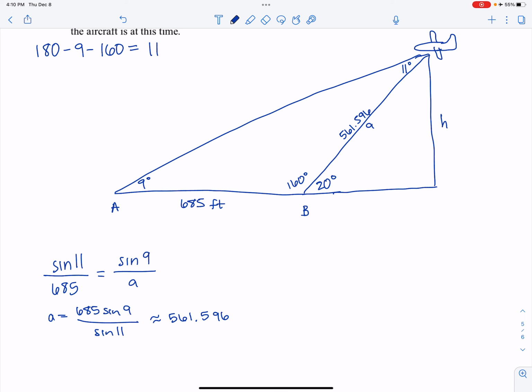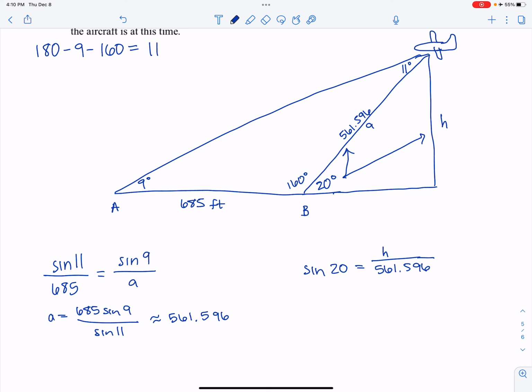So now we can find H by taking the sine of 20, because we know we're looking for the opposite and the hypotenuse, which is sine. Sine is opposite over hypotenuse. So sine of 20 is the opposite at H over the hypotenuse, which is 561.596.